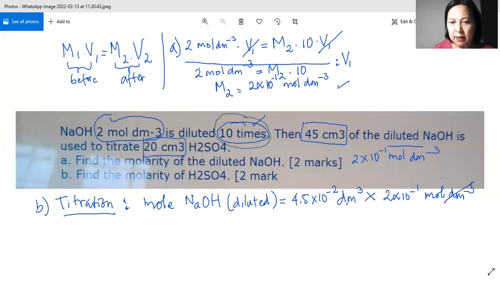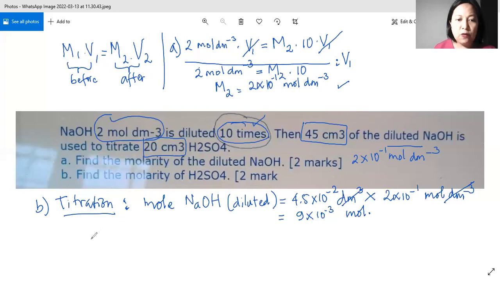This one can be canceled, and we have 9 times 10 to the power of minus 3 mole. That's the mole of diluted NaOH used in titration.